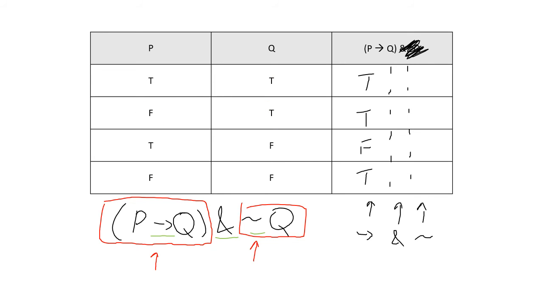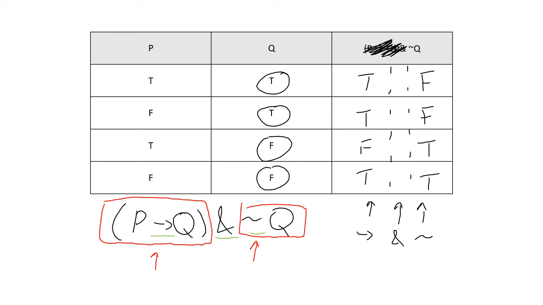Now, before we can do the ampersand, we've got to do the tilde Q first. So let's ignore all of this. For a tilde, we're just going to reverse the values. So this T becomes a false, this T becomes a false, this false becomes a true, this false becomes a true. Now, what we're going to use to evaluate our ampersand is this column here and this column here.